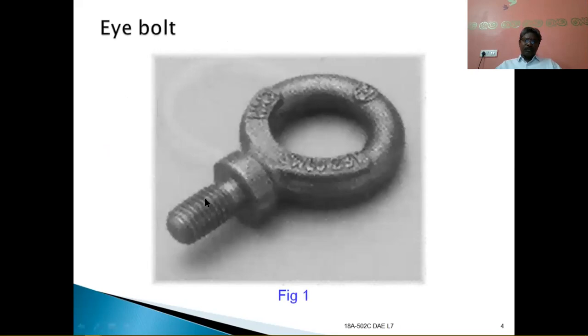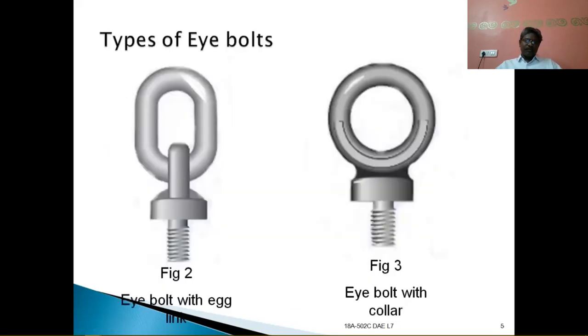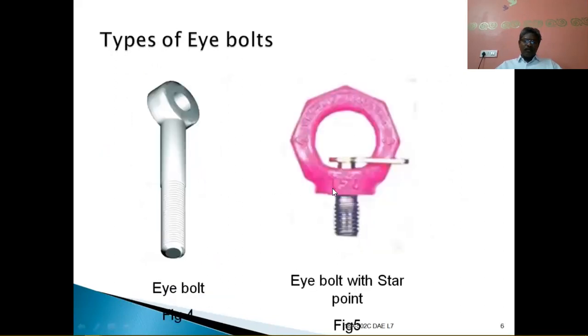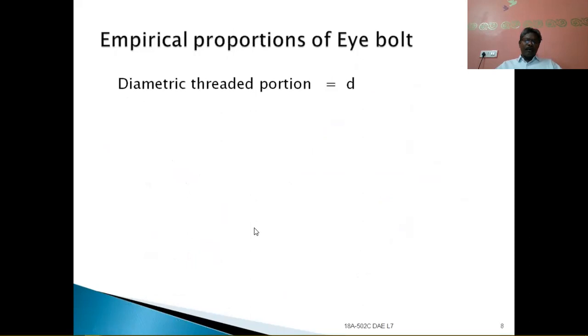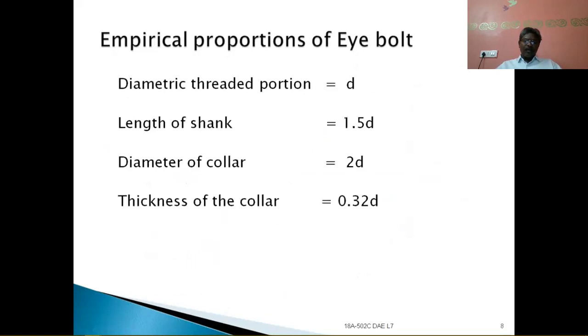So this will be the screw which is going to be fitted in the machine itself to lift the loads. And types are the eye bolt with the egg link, eye bolt with collar, simple eye bolt with star point, and these are the various proportions of an eye bolt, the empirical relations. That means empirical proportions of an eye bolt. These are all the empirical proportions that we are having with us.